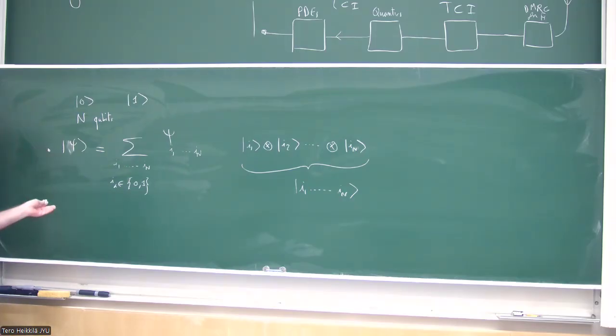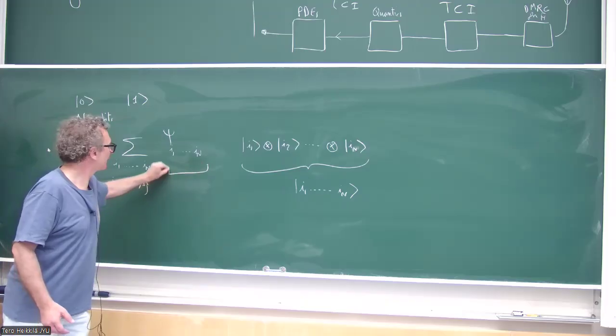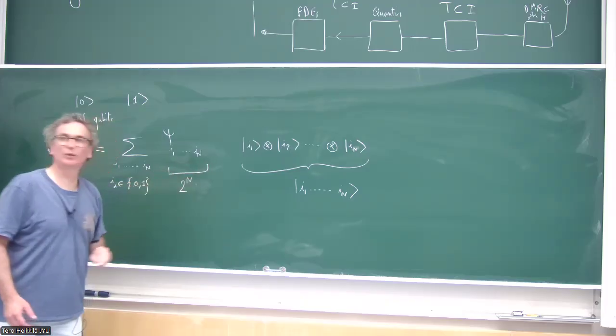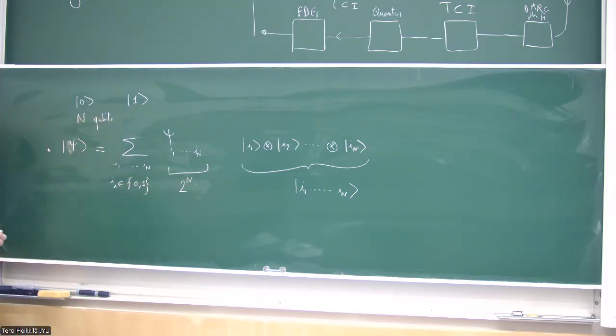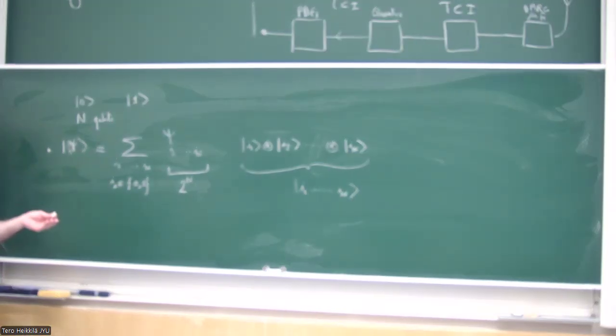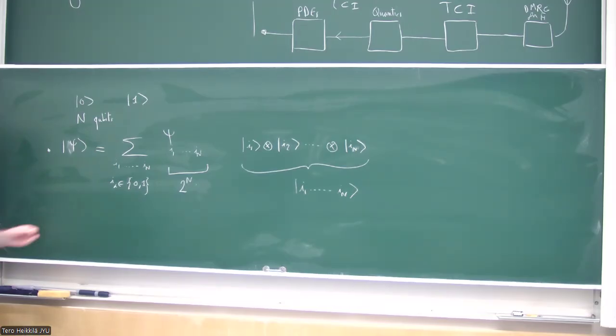So that's it. And essentially, the whole appeal of a quantum computer is the fact that this has 2 to the n entries, so it's a huge vector. And potentially, you may be able to do things that you cannot do on a classical computer. And it's really the idea of entanglement.